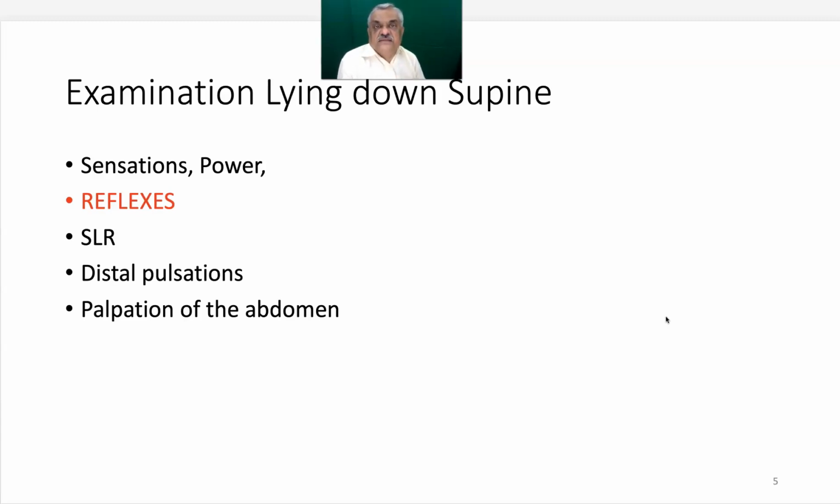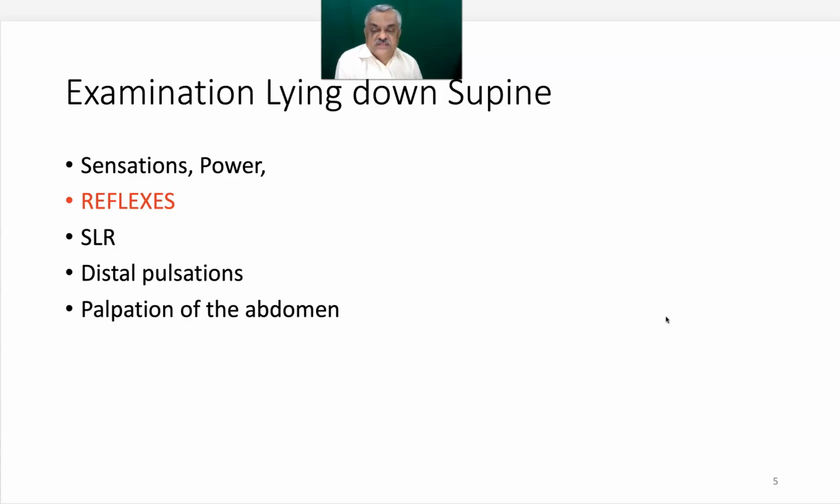Then we check the reflexes, mainly the knee and the ankle, and as we mentioned before, if the ankle reflex is preserved in an elderly patient, we must rule out an upper motor neuron type of involvement. A straight leg raising is then elicited to find out if the nerve mobility is affected. It is also checked on the other side, where a cross SLR positive, the classic sign of a disc herniation, can be elicited.